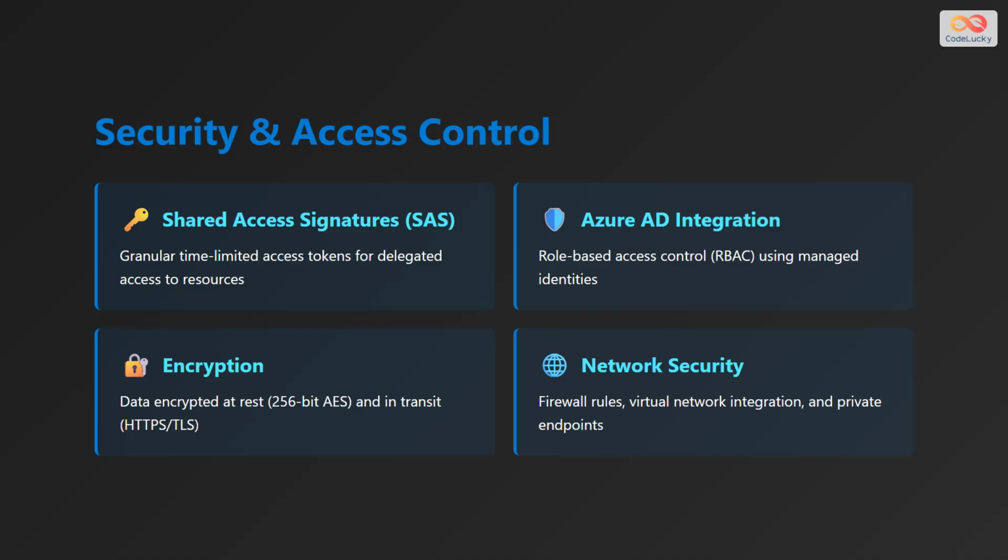All data is encrypted both at rest using 256-bit AES encryption and in transit using HTTPS and TLS protocols. For network security, you can configure firewall rules, integrate with virtual networks, and use private endpoints to restrict access to your storage accounts.